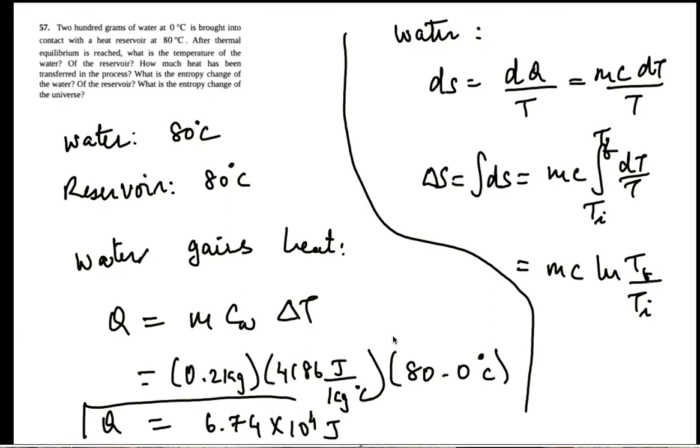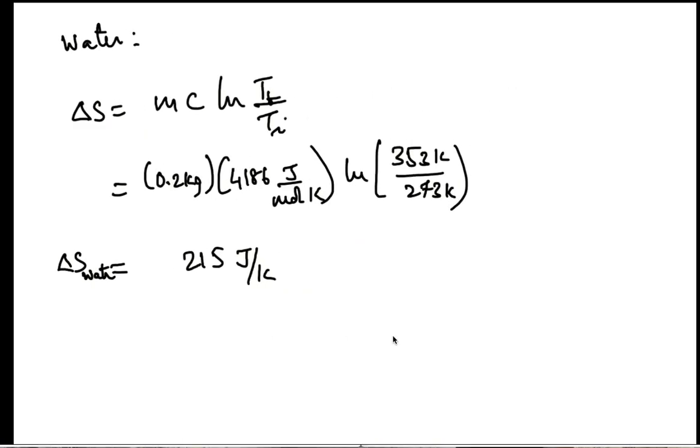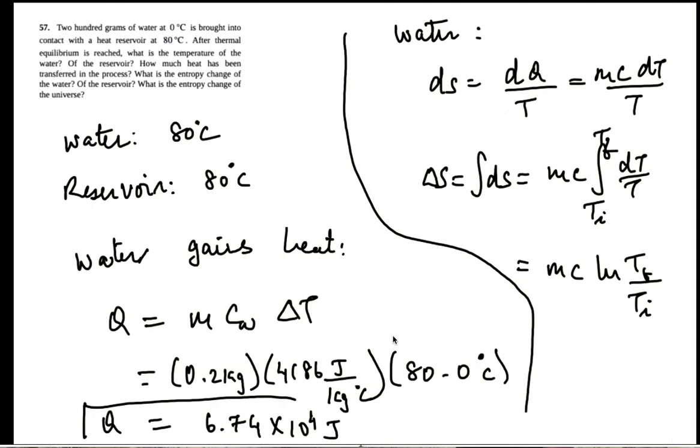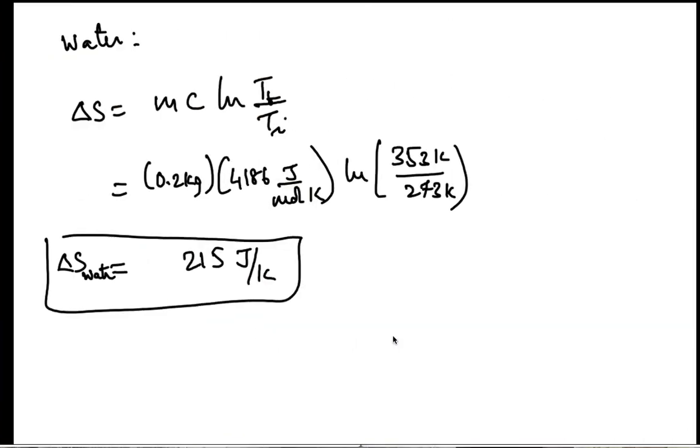Okay, what's the entropy change of the reservoir? So for the reservoir, the water gained this much heat. So the change in entropy of the reservoir is the amount of heat gained or lost divided by temperature.